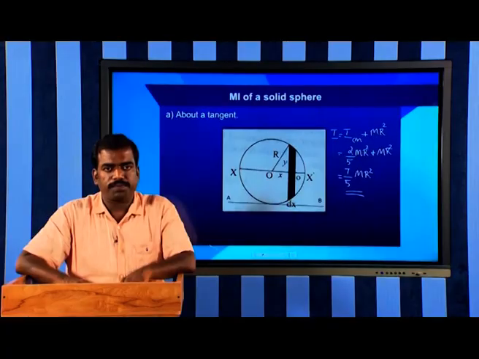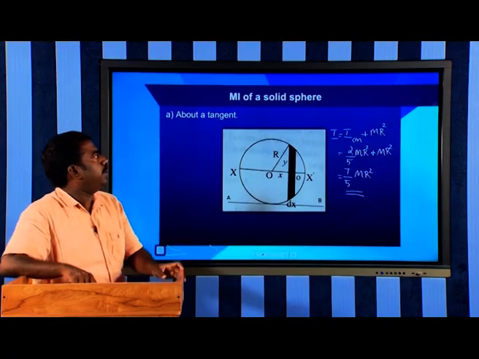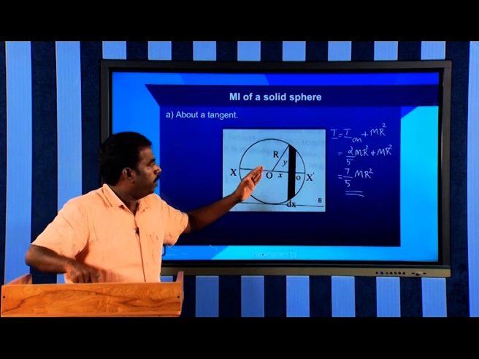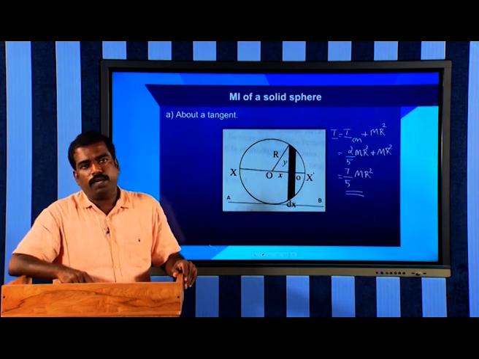First we identified a small element, then we found the moment of inertia of that small element about the same axis, then we integrated the expression. In all the derivations we use similar steps. So, this is the final shape, which is the sphere. So, the moment of inertia of the sphere about the tangent is given by 7 by 5 m r square.